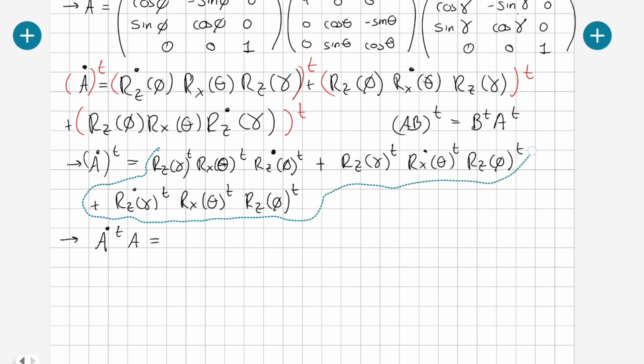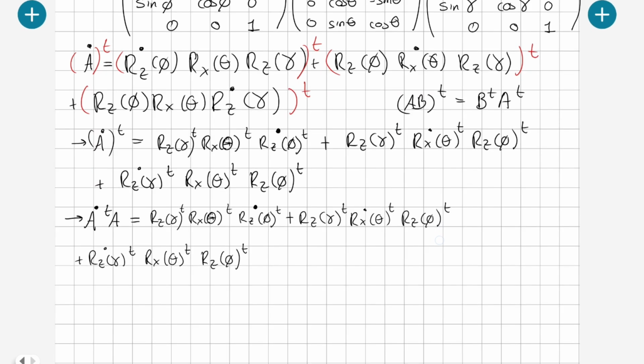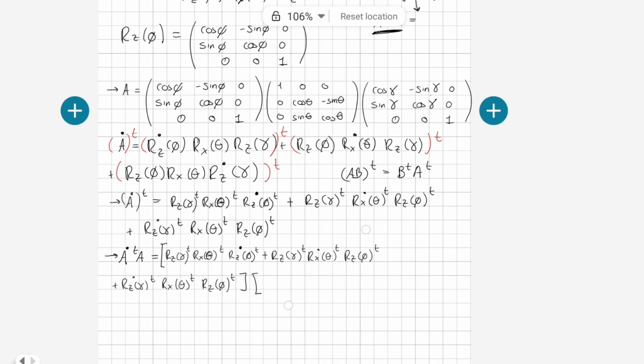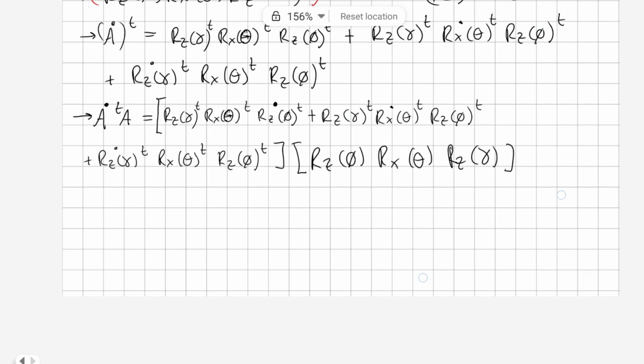Let me copy this big thing. Here we have the term that corresponds to A dot transpose, and then we close this parenthesis here, and then we multiply by A, which is RZ phi Rx theta RZ gamma.